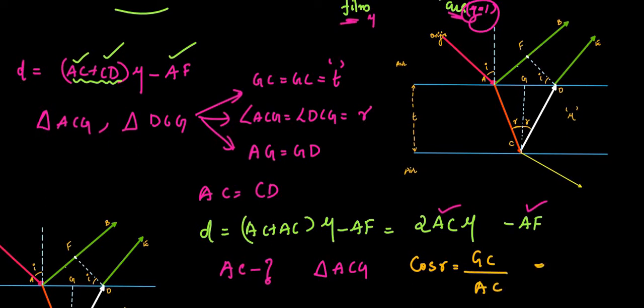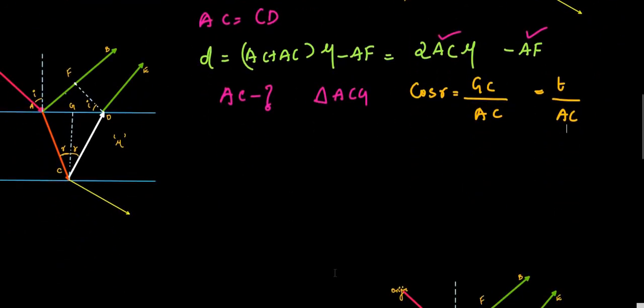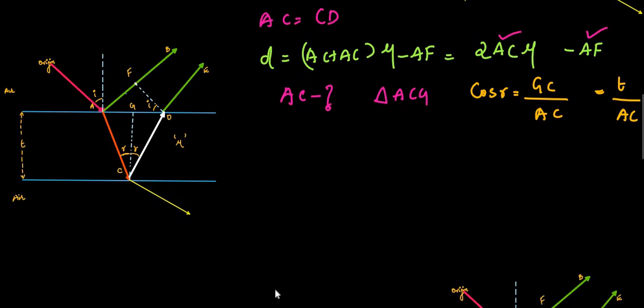What is GC? The thickness of the film. Cos R is equal to T divided by AC. So we got AC is equal to T divided by cos R.